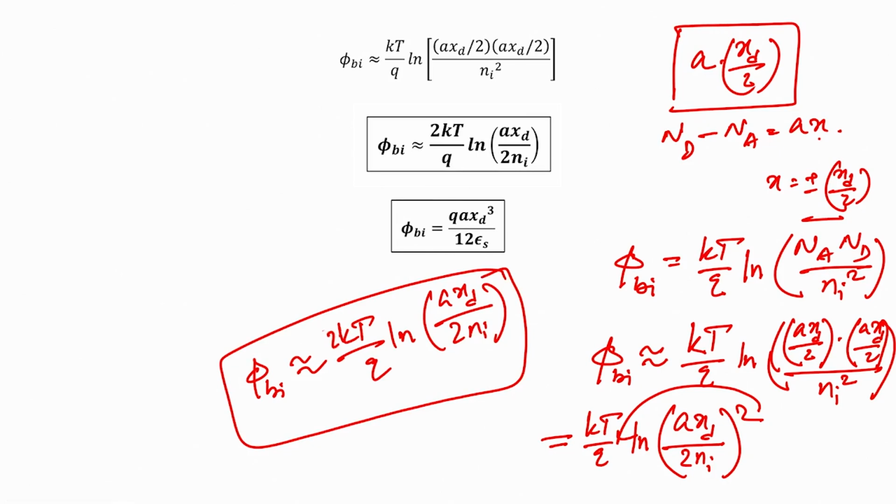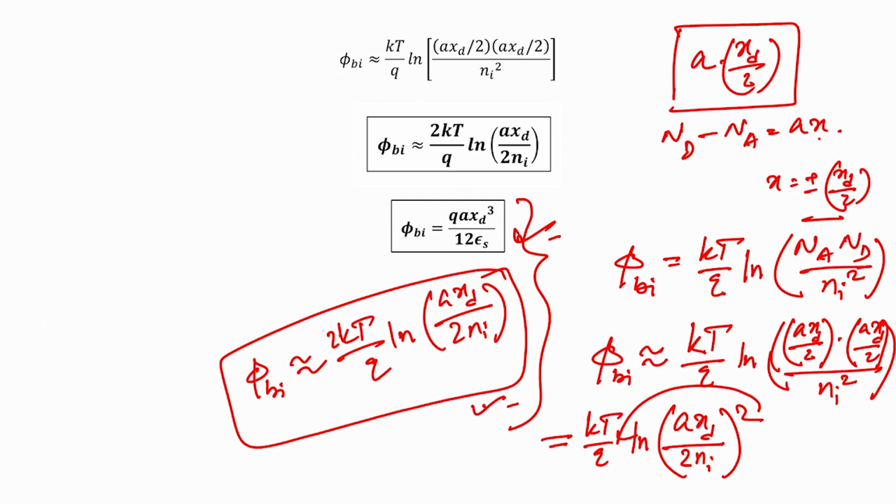So now we have two relations between xd and the built-in potential. One is this relation which is an approximate relation, and another one is this relation. If you look into these two equations, these two are transcendental equations, so analytically it is not possible to solve them. You have to resort to some numerical analysis, either by a simulator or by some numerical technique.